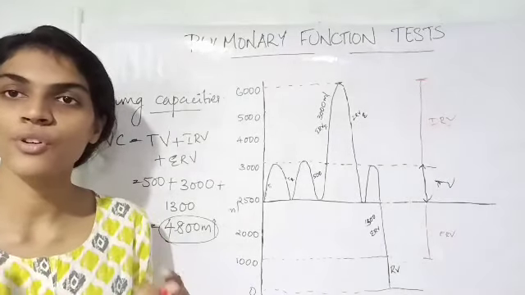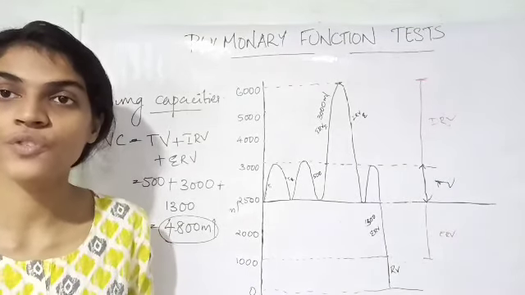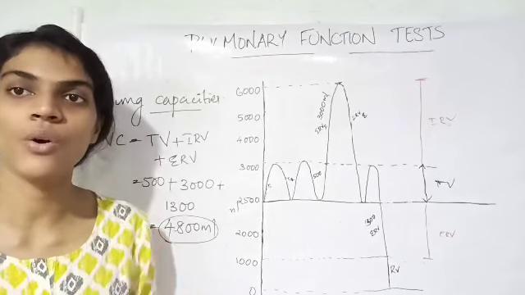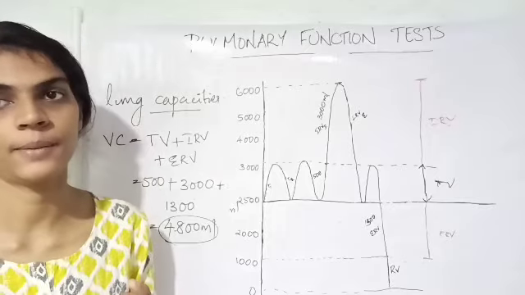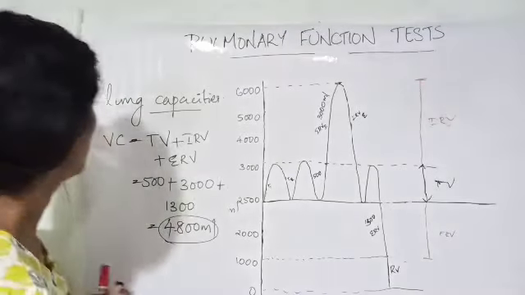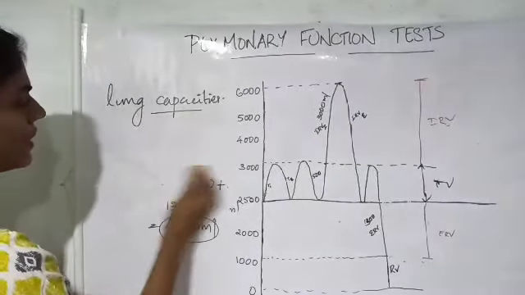So the total amount of air that you can forcefully take in and out is 4,800 ml.